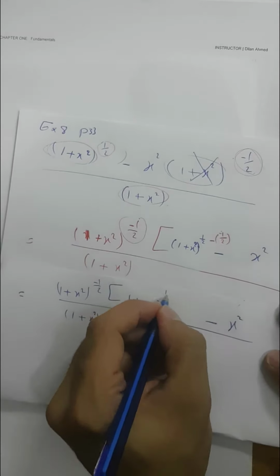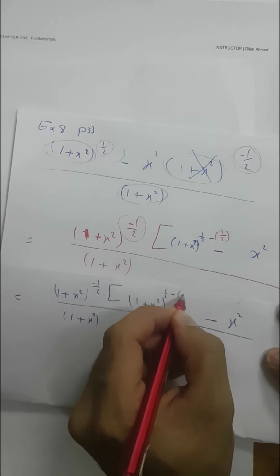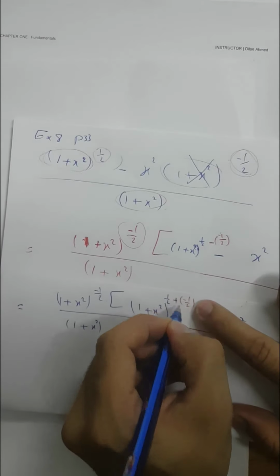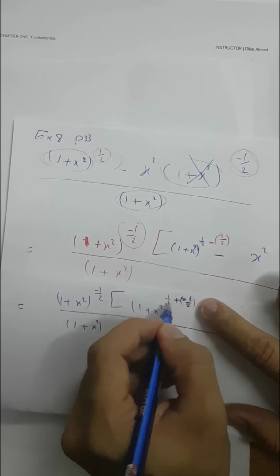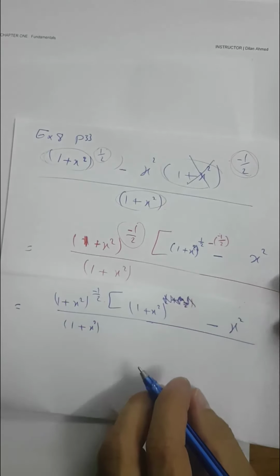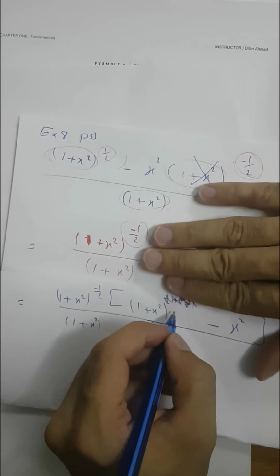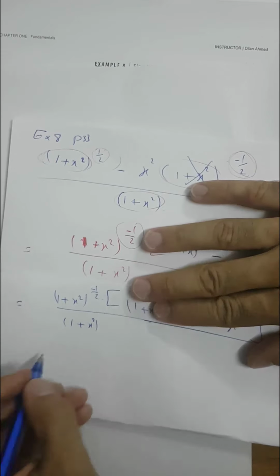This one was 1 over 2. Now, because we took this one, I say minus 1 over 2. And you know, minus will be changed to plus 1 over 2. Half and half is equal to what? Is equal to 1. Now 1 plus x squared to the power 1 means itself.